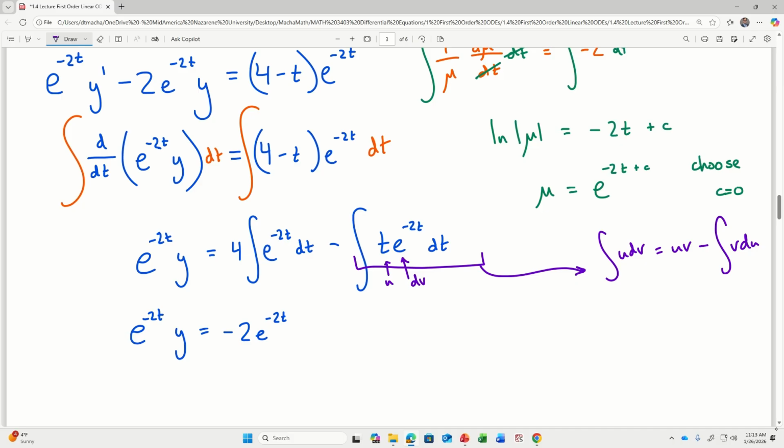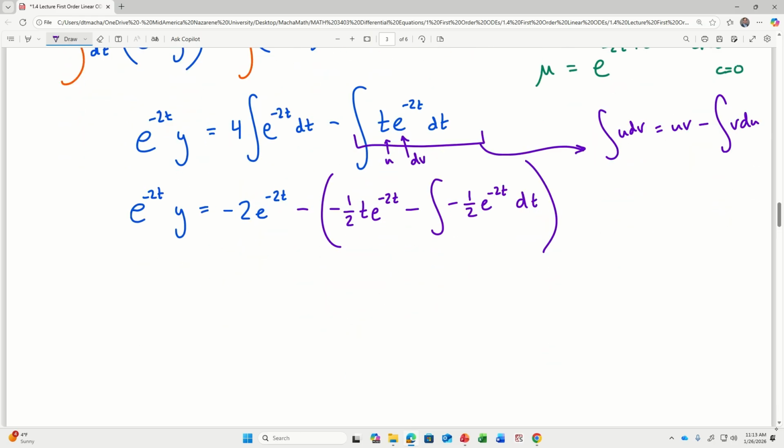So u times v is going to be negative 1/2 t e to the negative 2t, and then minus the antiderivative of negative 1/2 e to the negative 2t. After integration by parts.